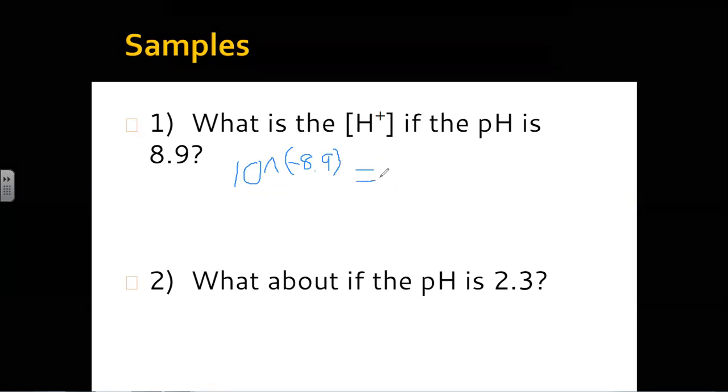Let me type that in really quickly. So what I get for that is 0.00000001. So that is essentially 1.0 times 10 to the negative 9th. So this is what I get.